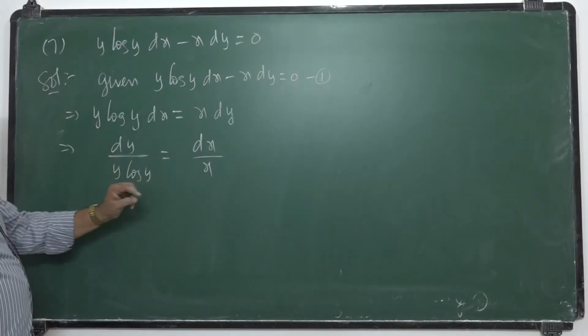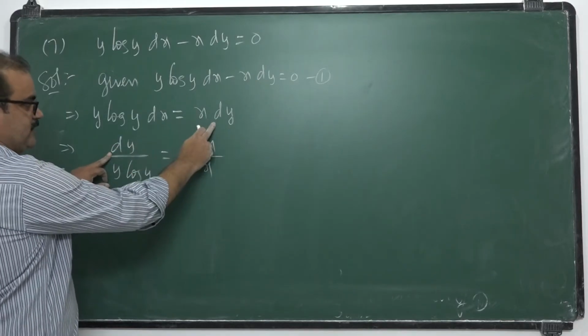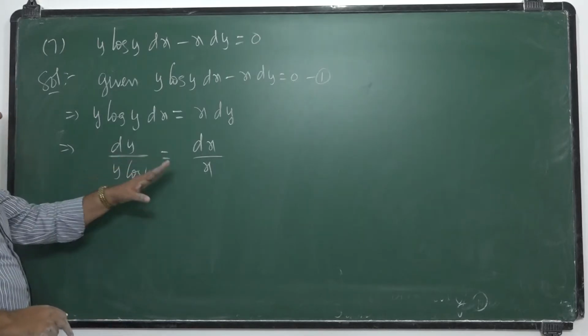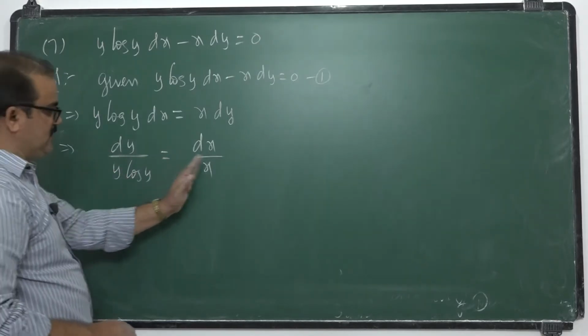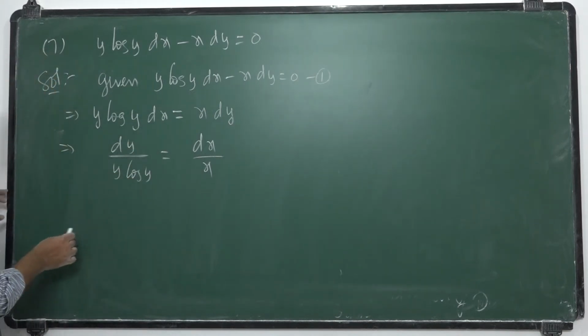See here, on cross multiplying, what we get? x into dy, that is RHS, y log y into dx. In this way we separate the variables x and y. Once the variables are separated, integrate.